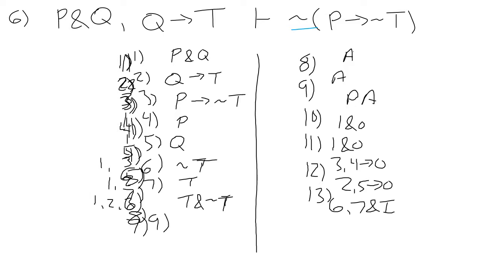And then we've got our contradiction, depends upon a PA, so we can tilde in on our PA, like so. And then we just gotta drop out the PA on the premises.